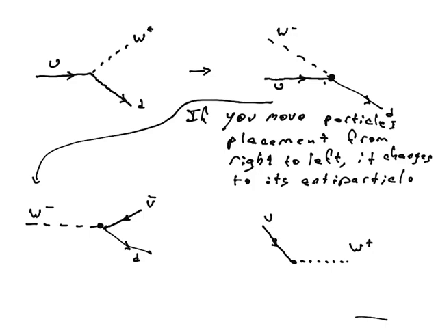But now I'm going to take this D, the down quark, and shift it from the right side to the left side. So now here's my D, but because I moved it to the other side, it becomes an antiparticle. And so this is a new vertex, a new interaction. This is called pair annihilation. So pair creation, pair annihilation.